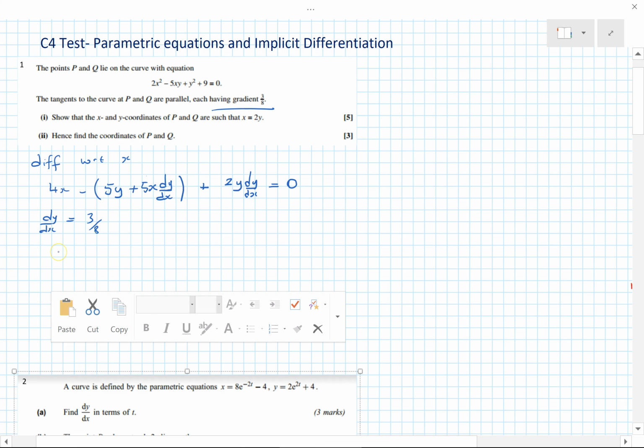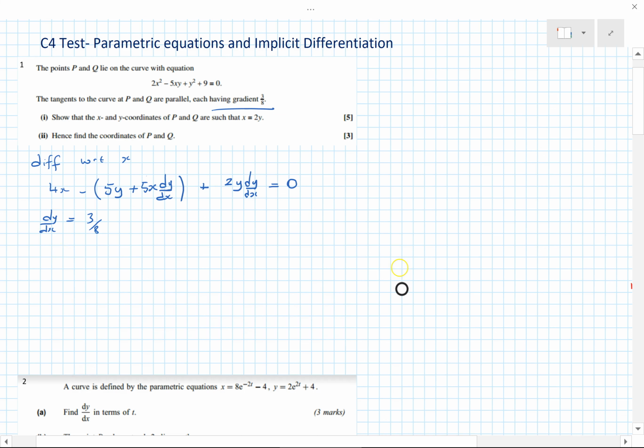So we have 4x minus 5y minus 5x times 3 over 8 plus 2y times 3 over 8 equals 0.